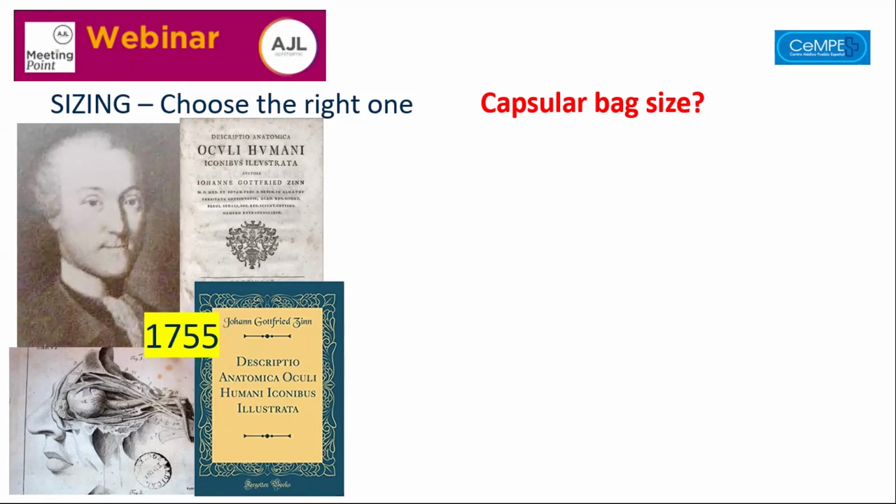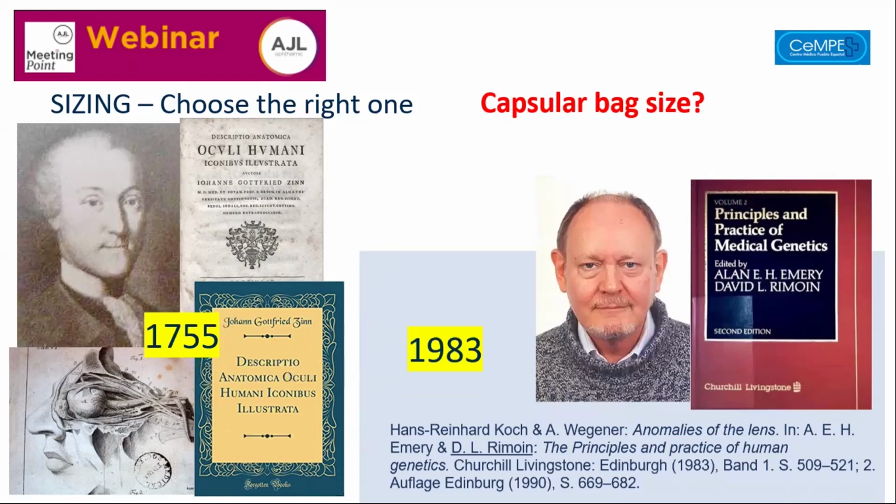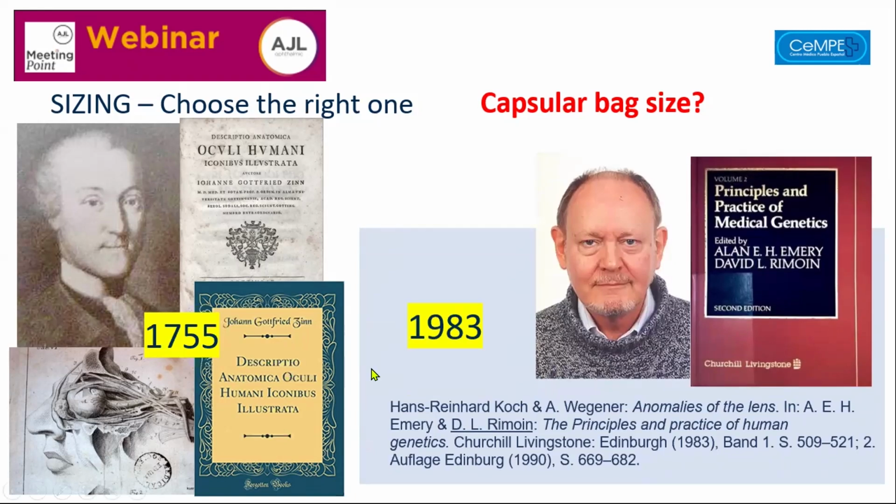And the following measurement of the capsular bag was done in 1983, almost 250 years later, by Hans Reinhard Koch. This doctor is still alive, and this study was published in a genetics book, not in an ophthalmology book. So it's crazy to find something in the old times.